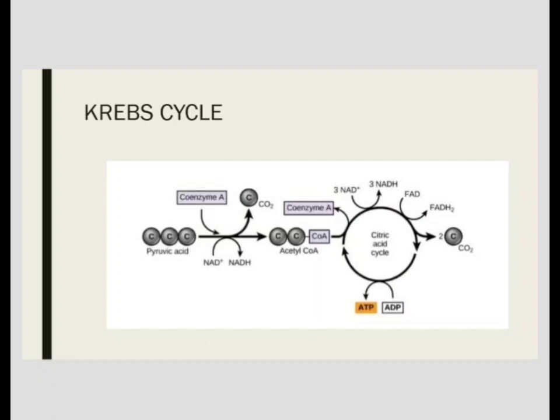This process happens in the mitochondrial matrix, where pyruvate has been imported following glycolysis. During this stage, the remaining carbons from the initial glucose are oxidized, releasing CO2. NADH and FADH2 are also produced, in addition to two ATP molecules.